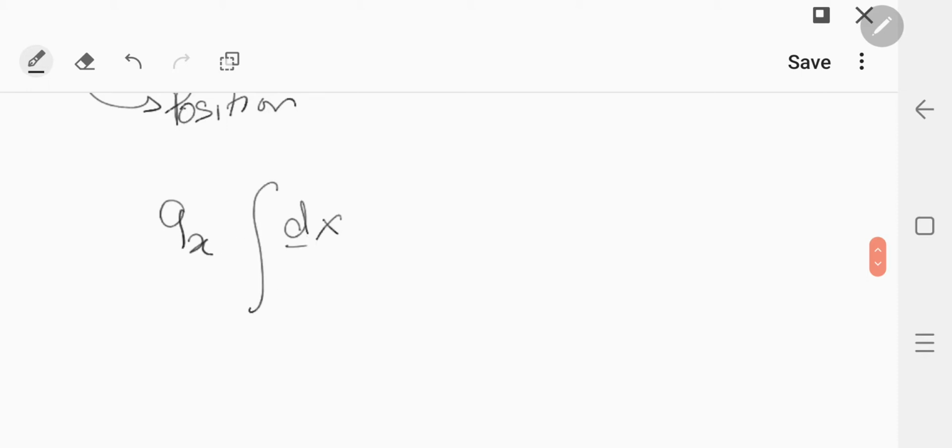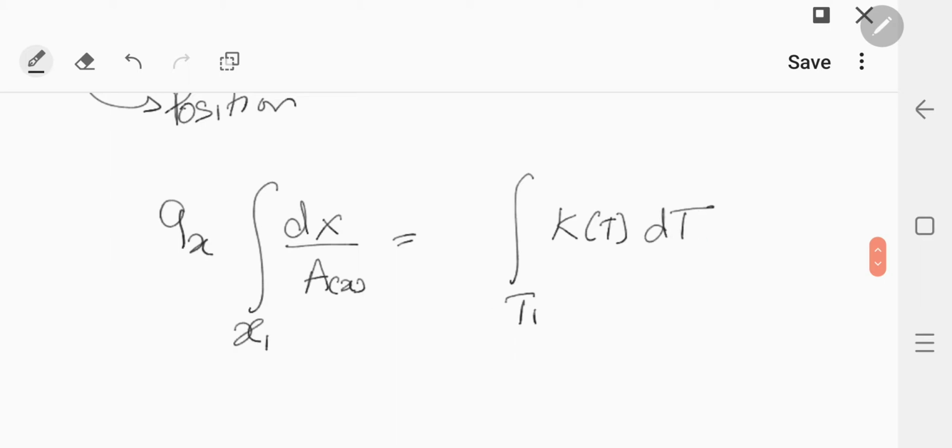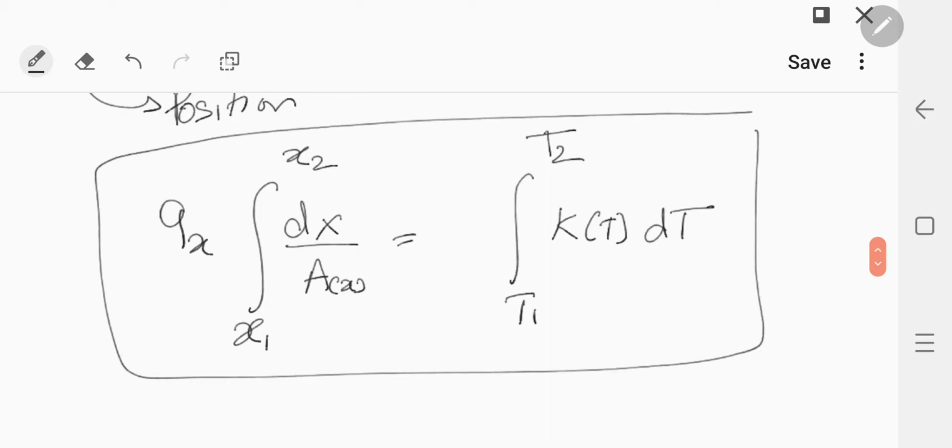Then the Fourier law of heat conduction can be represented as qx dx by Ax equal to k, which is a function of temperature, dT, from T1 corresponding to position x1 to temperature T2 corresponding to position x2. So the Fourier law can be expressed this way, where both the area varies with the position and the thermal conductivity varies with the temperature.